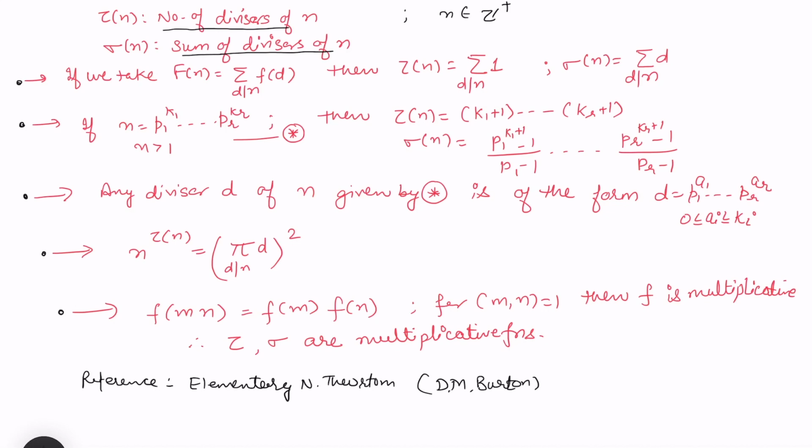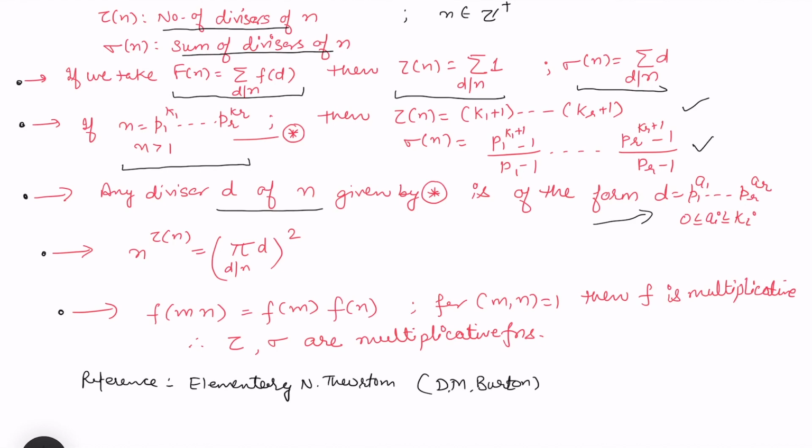The first result says that tau n and sigma n are arithmetic functions with this representation. All these results are already proved there. If n is the prime factorization written in the canonical form, given as star, then we know the formulas we will mostly use for sigma n and tau n. Any divisor d of n is of the same form, where the exponents ai are less than or equal to ki.